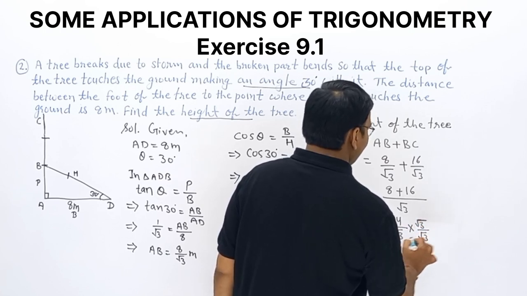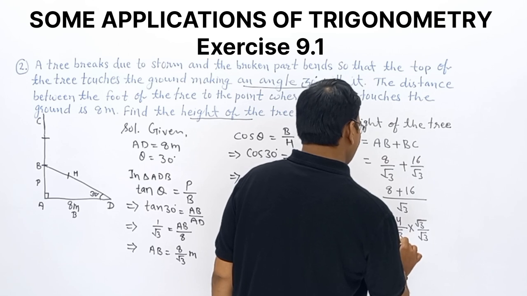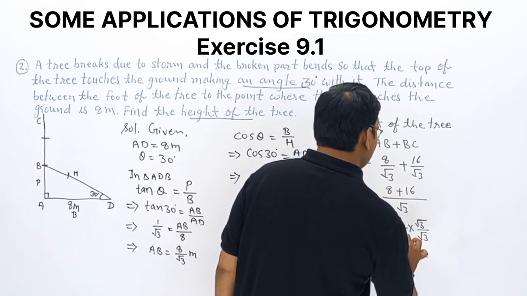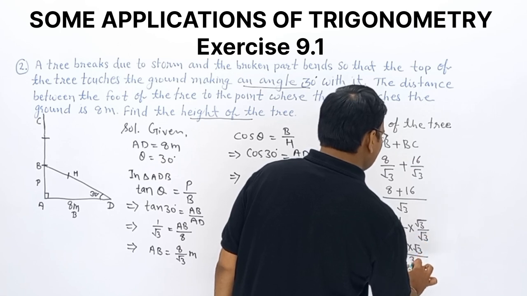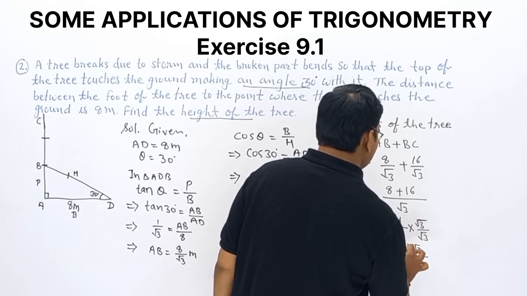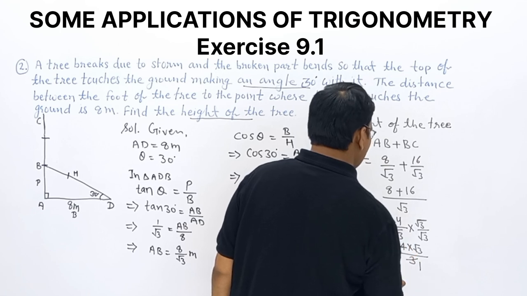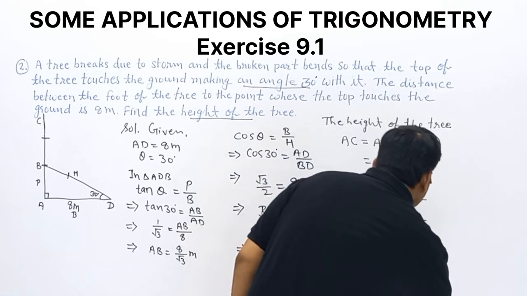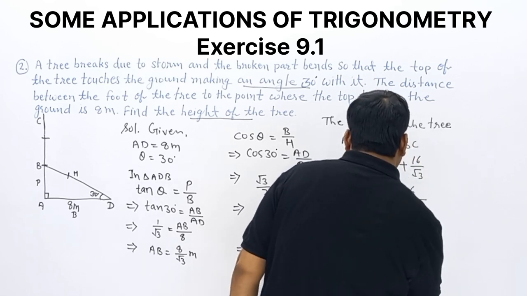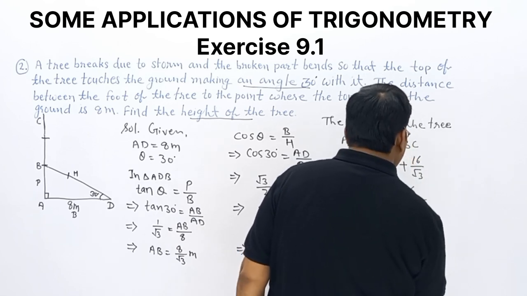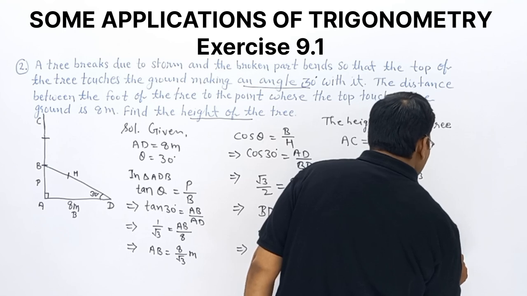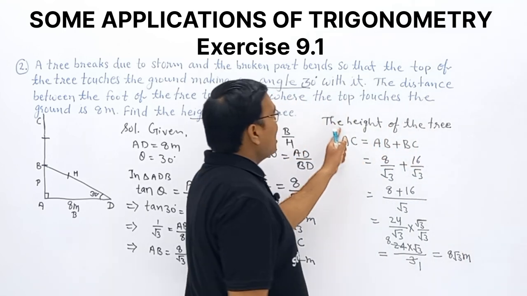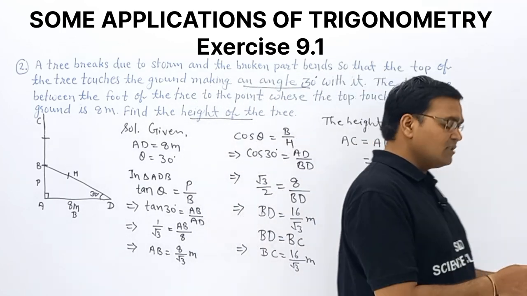We get 24 into square root of 3, and square root of 3 into square root of 3 is 3. Solving this, 24 divided by 3 is 8. So the result is 8 square root of 3 meters. This will be the height of the tree. So this is our answer.